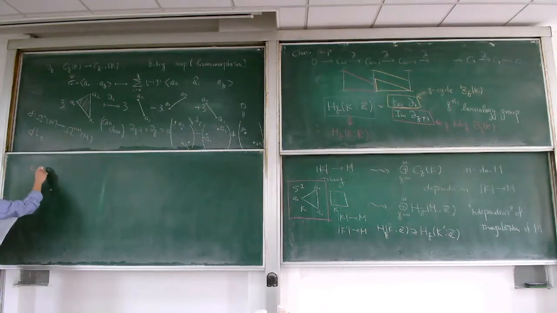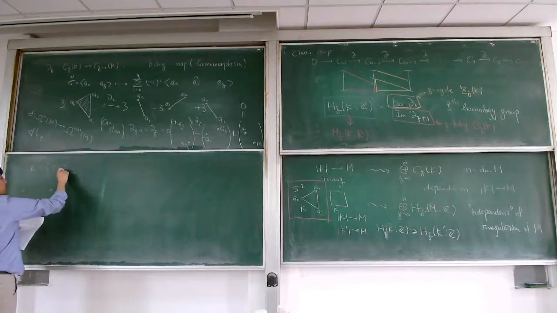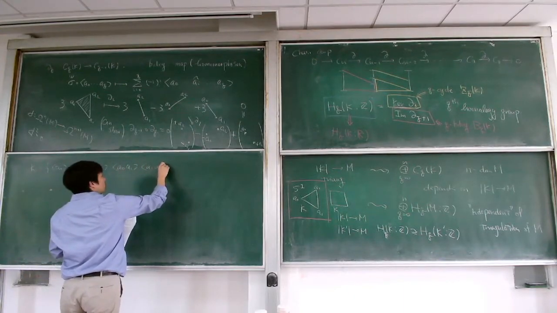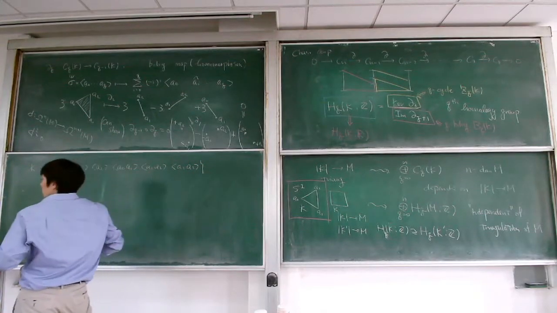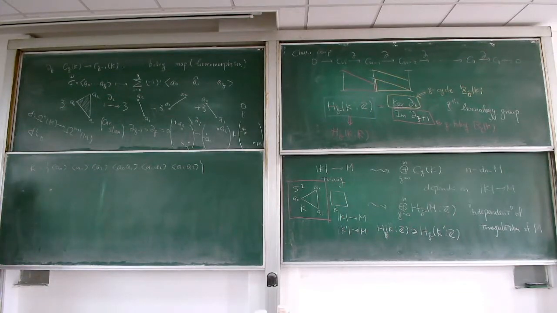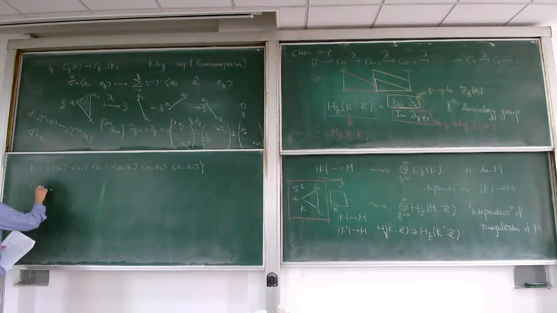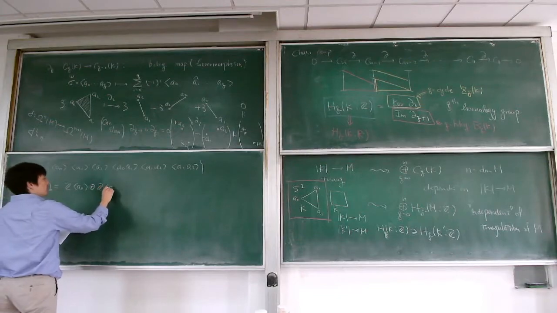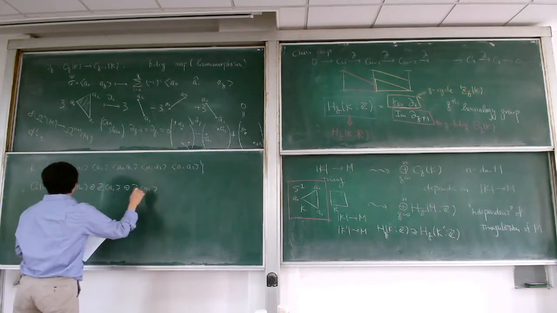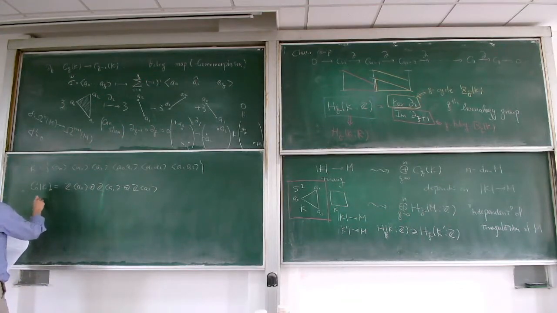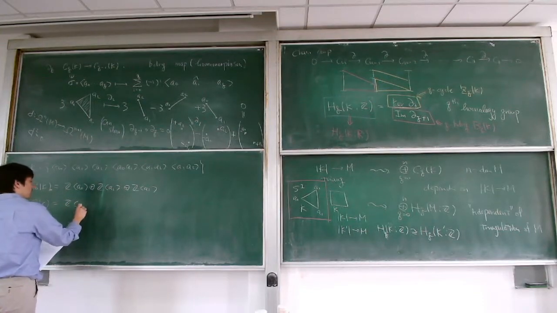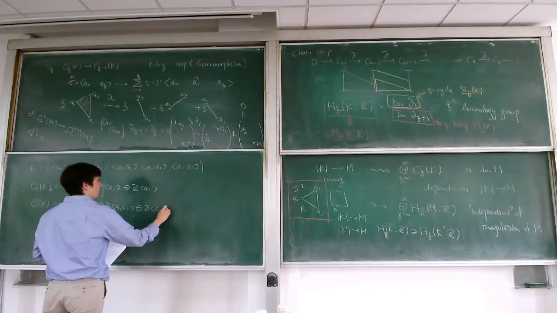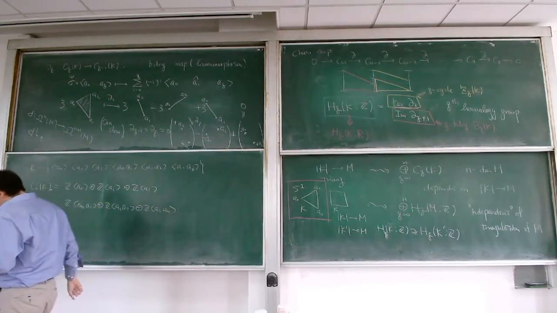Then K is spanned by 0, 1, 2, and 0,1, 1,2, 2,0. These form the differential complex. And C0(K) is spanned by the vertices.